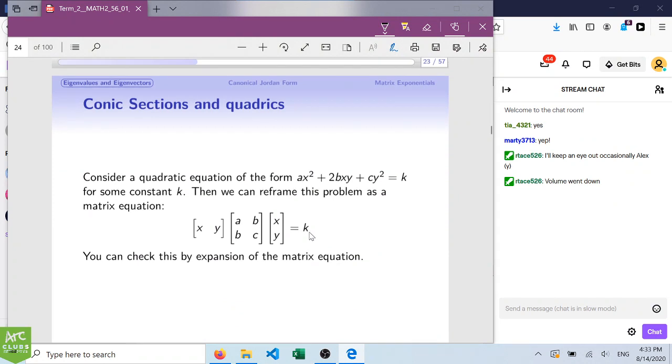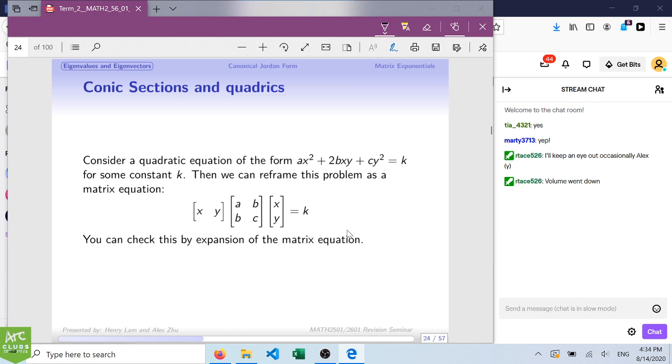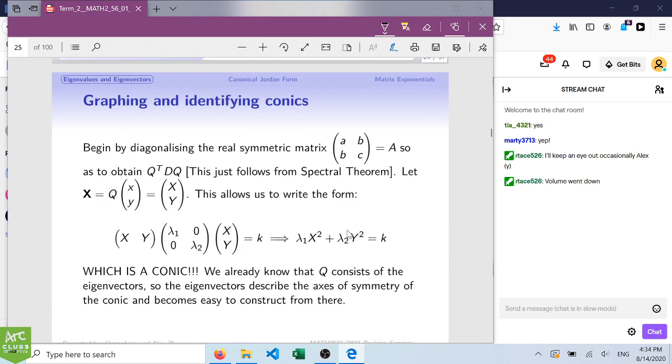But let's move on to the next bit, which is important actually, conics, right? We pretty much want to graph a conic using our understanding of diagonal matrices and diagonalization using eigenvectors. Let's look at how we're going to do that. We're going to use the spectral theorem, okay?